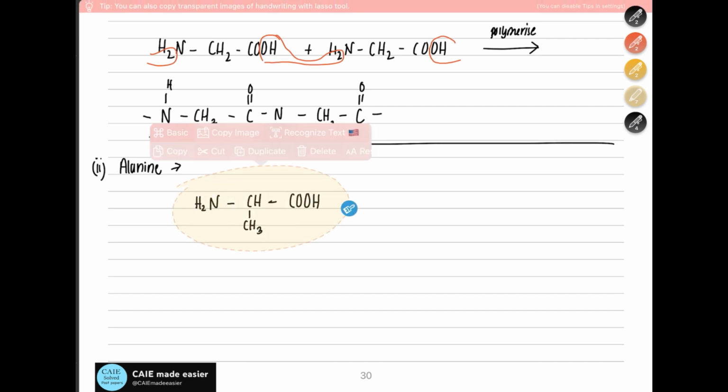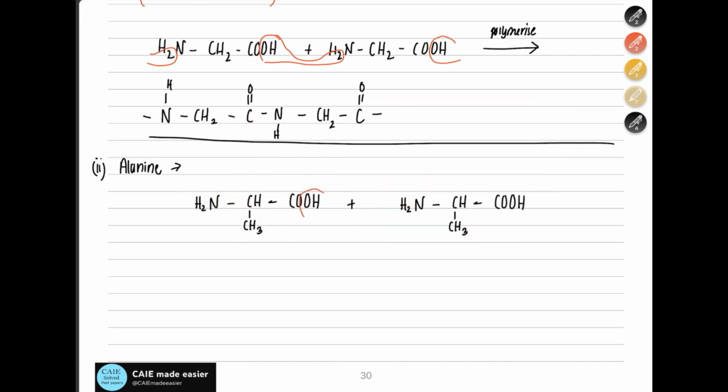Two of them, so we'll just double this. I want you guys to do it first. Okay, so I'll do it now. Remove your water molecules, and then one hydrogen here, OH here. So this would be written as the double bond O.